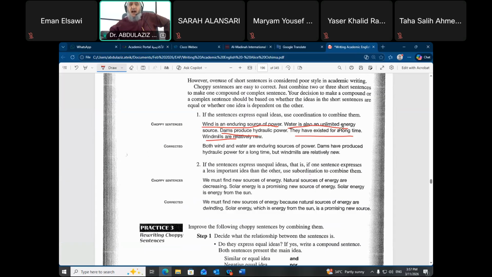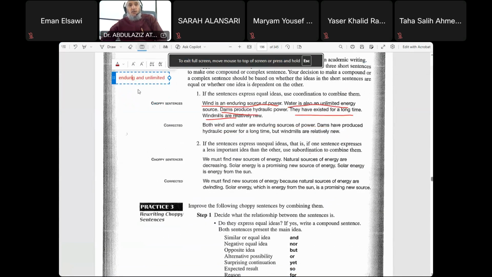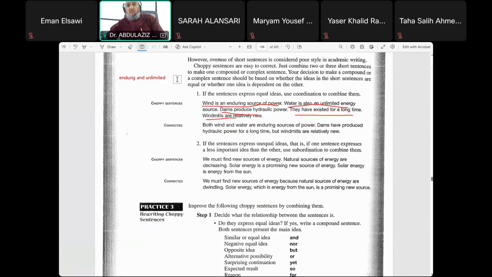Enduring and unlimited are synonyms. So we can make them in one sentence. Both wind and water are enduring sources of power. Finish. By the way, you can even say both wind and water are unlimited sources of power. Okay, so this is one sentence instead of 2.